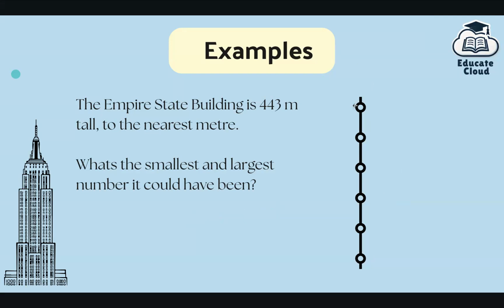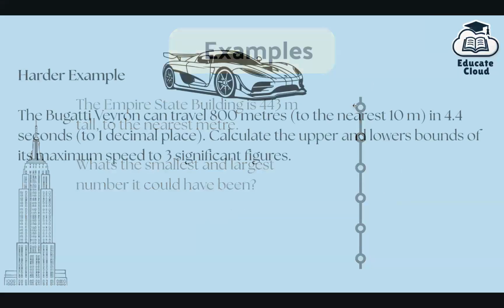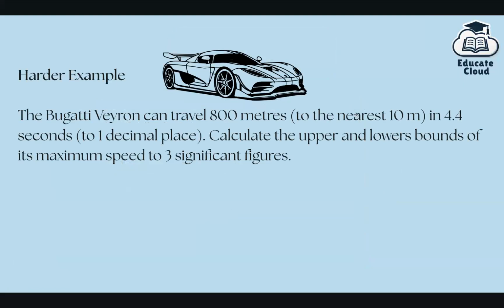Okay, so that is just how you could write it. Now next, let's have a look at this example. The spaghetti can travel 800 meters to the nearest 10 meters in 4.4 seconds to 1 decimal place. So calculate the upper and lower bounds of the maximum speed. First of all, we know that speed is equal to distance divided by time.